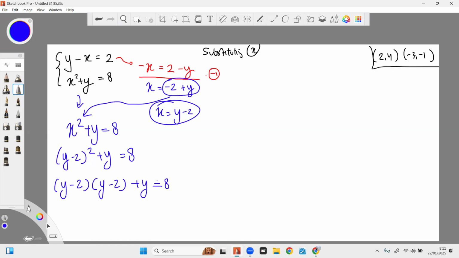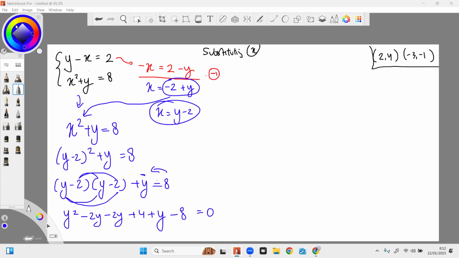right? You do the multiply like this, minus 2y, minus 2y, plus 4, plus y, minus 8 equals 0. Okay, now we are actually trying to expand this, becomes this.